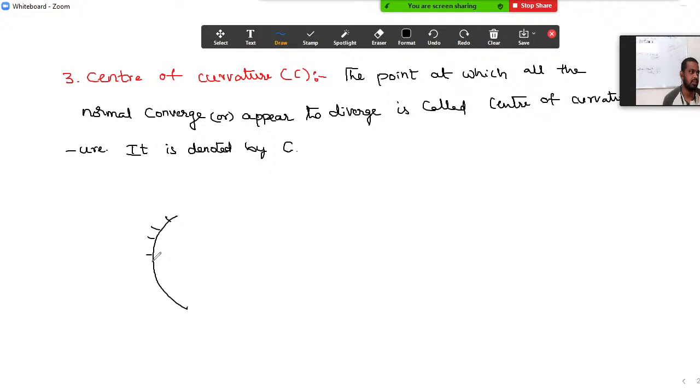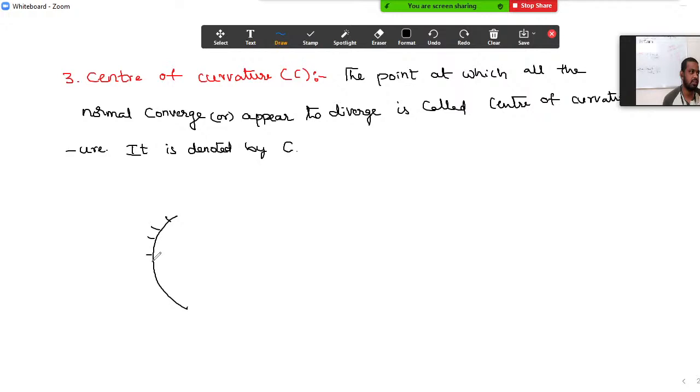And the fourth definition is principal axis. It is also called the optical axis.